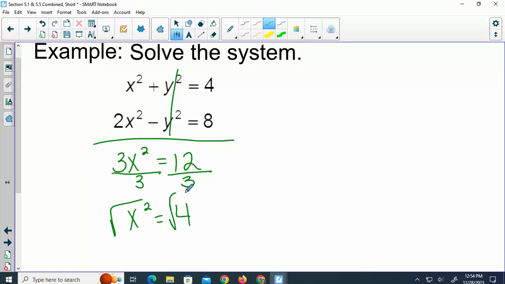Square root plus or minus. So x can be positive or negative 2.